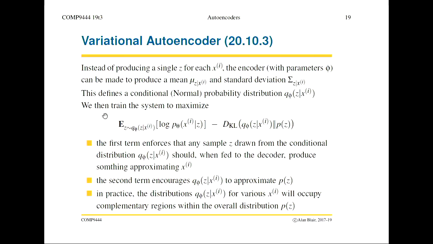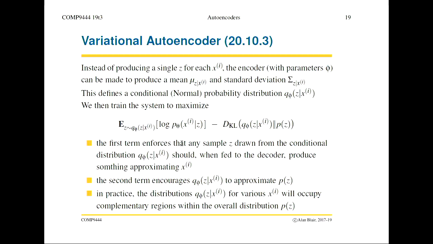This first term here is the reconstruction error. If we start with an image xi, the encoder determines this little probability distribution. We choose Z from the probability distribution, feed it to the decoder, and we should get something that, with high probability, reproduces the original image.